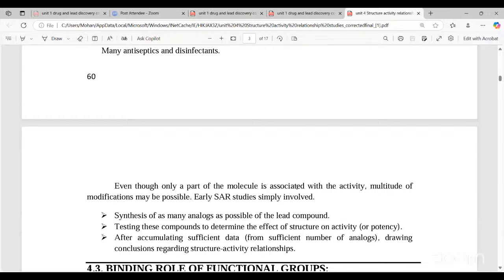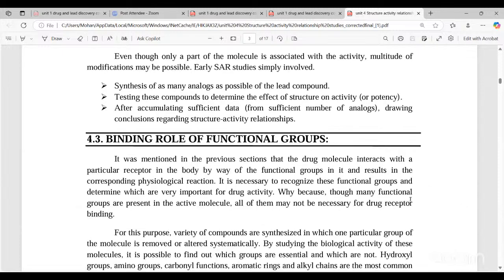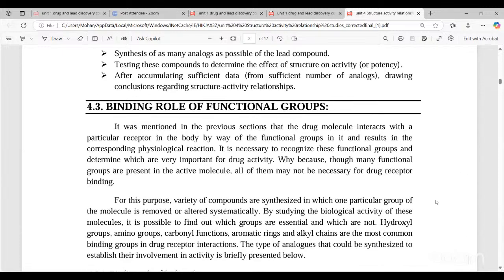So even though only part of the molecule is associated with the activity, a multitude of modifications may be possible. Early studies simply involved synthesis of as many analogs as possible of the compound, testing these compounds to determine the effects of structural changes on activity. After accumulating sufficient data, conclusions were drawn regarding the structure-activity relationships and the binding role of the functional groups.